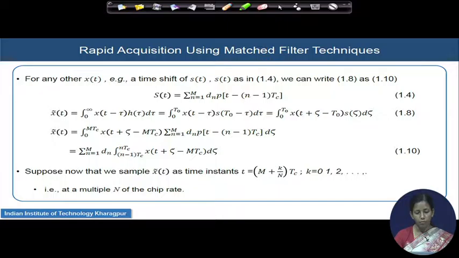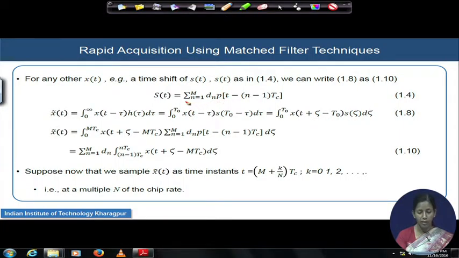Now if they both exactly match with each other, what if they do not? So suppose there is a time shift of this s(t), in such a way that in our case we are dealing with a capital M number of chips. Each and every chip from the second onwards is time shifted.